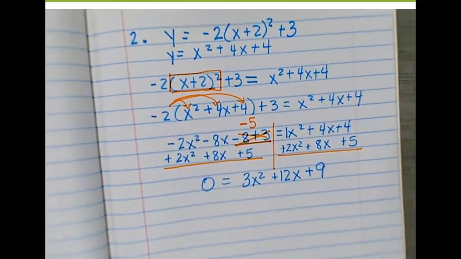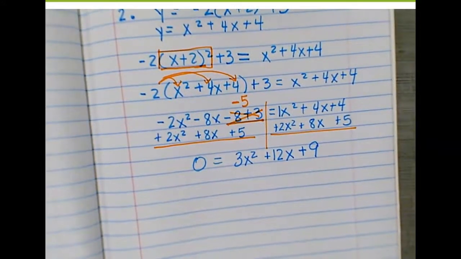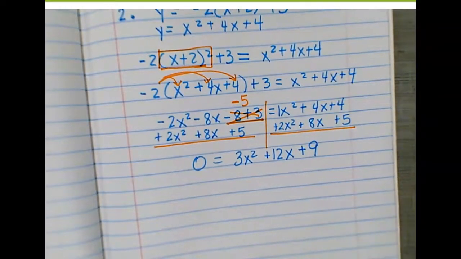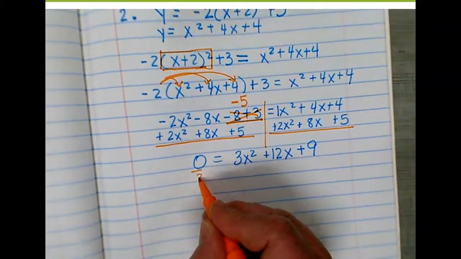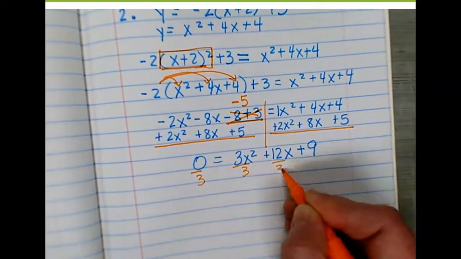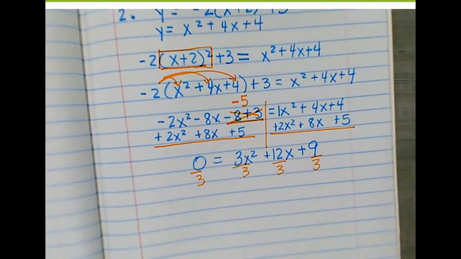Now, before I jump in and start factoring, what are you supposed to look for before you start factoring? Is there a GCF? What is the GCF? Is it going to make it easier to factor if I divide by that GCF?